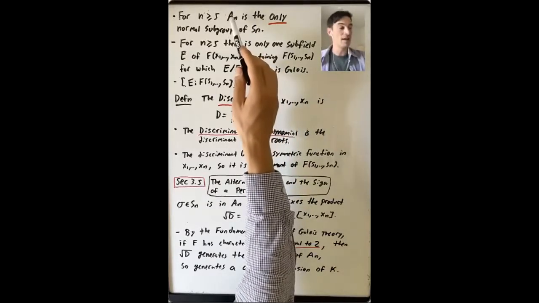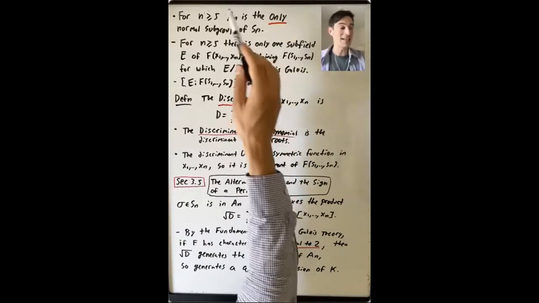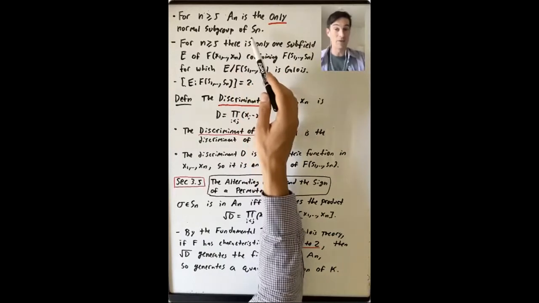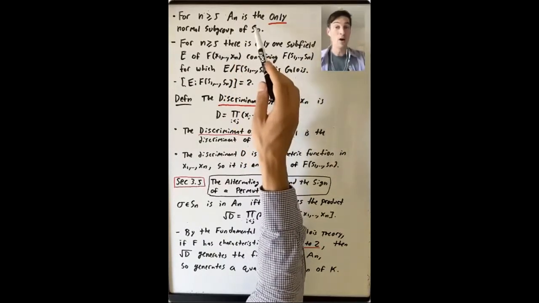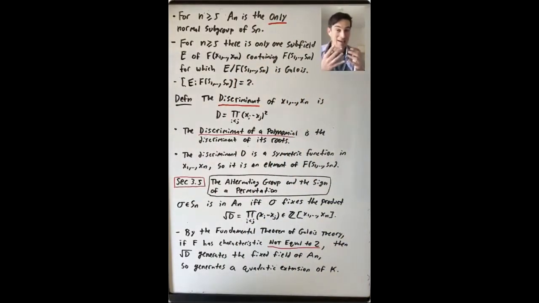So if you have another normal subgroup, you can take its intersection with An, and it's either all of An, in which case the only possibilities are An and Sn, or it's the trivial group. So now you have An, this normal subgroup of index 2, and then some other normal subgroup, and they intersect in the trivial subgroup, and that tells us something interesting about that other normal subgroup, and I'll leave the details to you to think about.